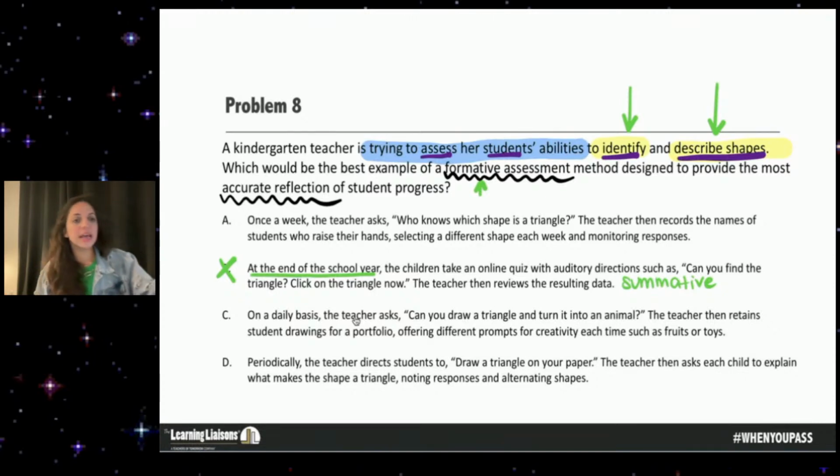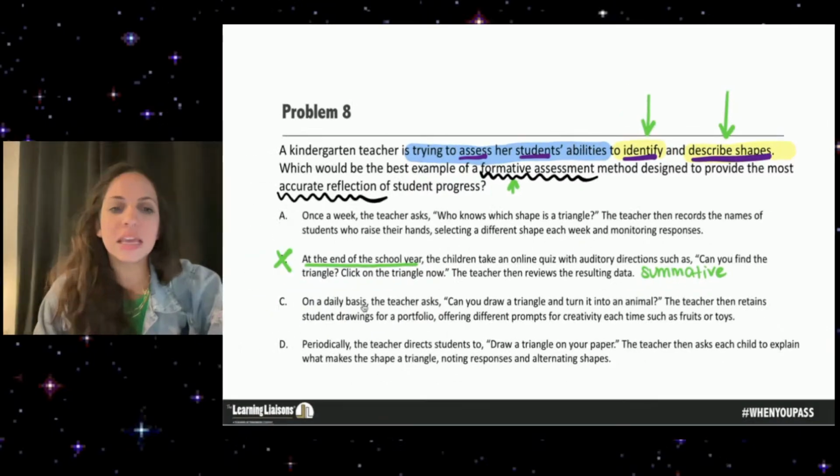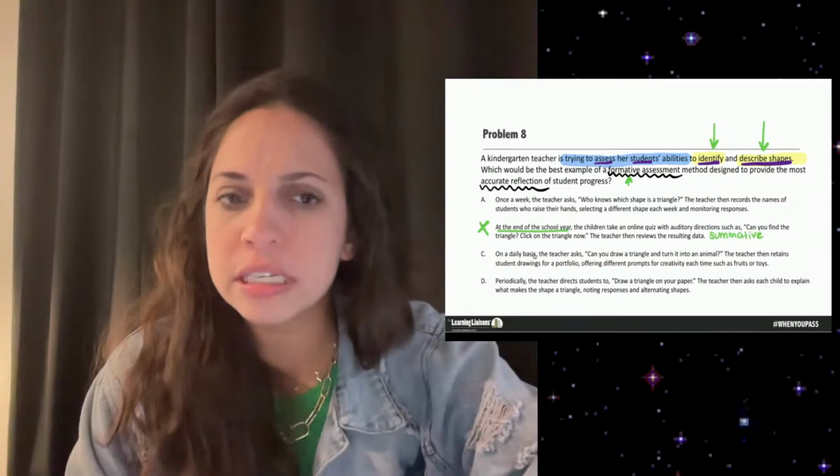If the teacher says, who knows which shape on my board is a triangle, and 5 kids raise their hand in a kindergarten class, how does she know those kids actually know what the triangle is? Let's think about what a kindergarten class really looks like.